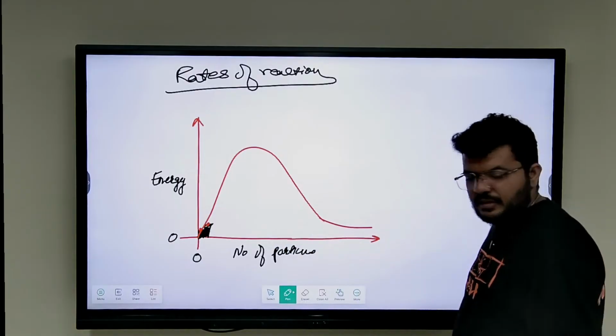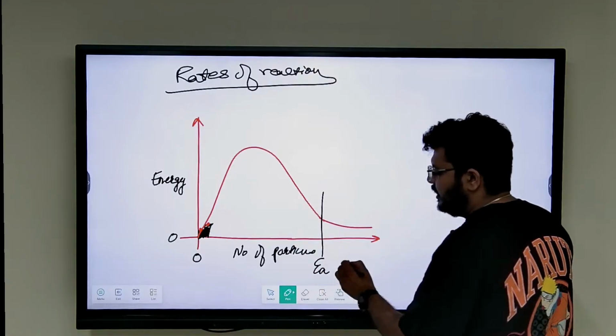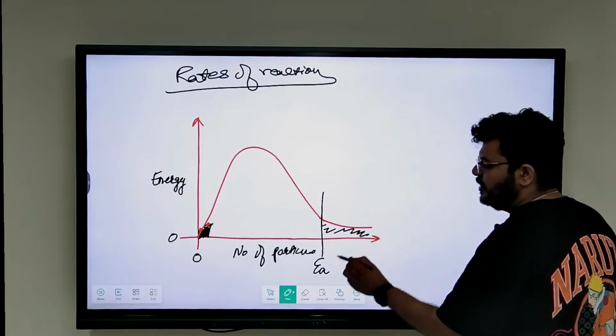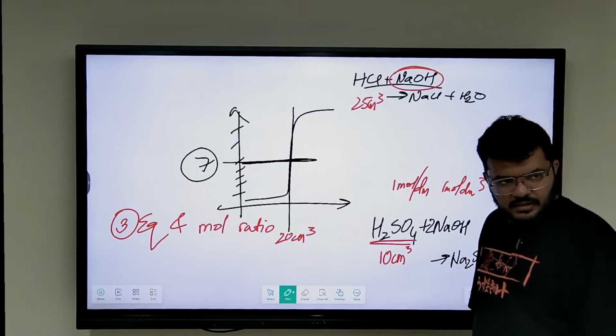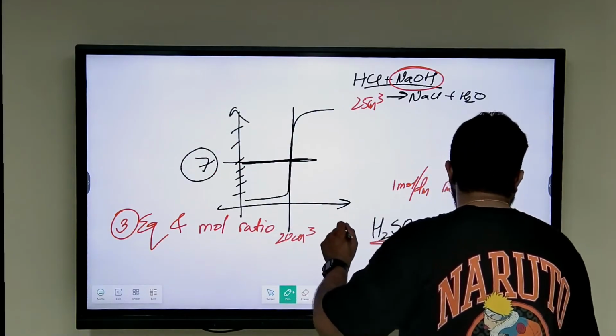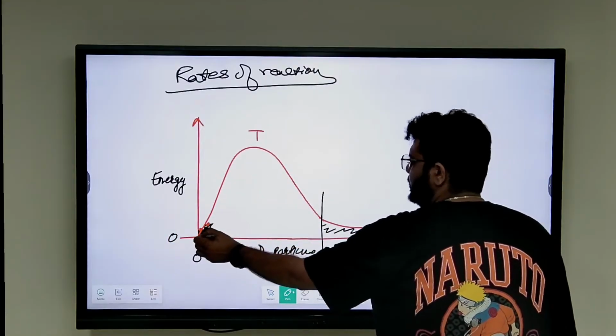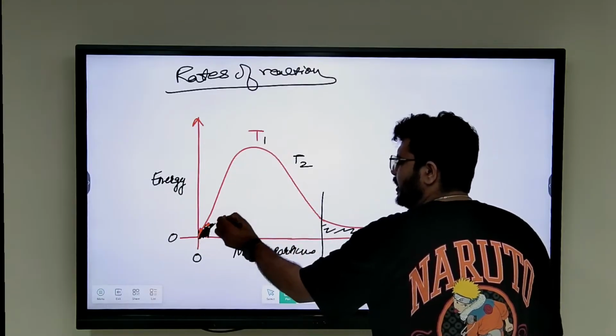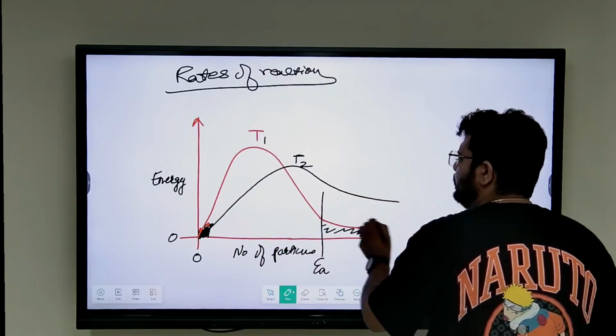Something like this, where this is the activation energy. So in case of your reaction, only these many particles will react. This is at temperature T1. Let's say I increase the temperature and take it to T2. What will happen?